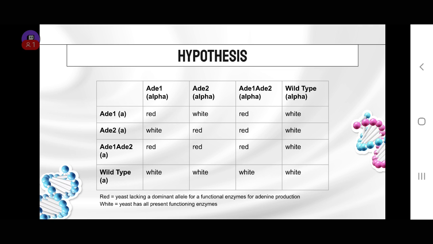If it's recessive, that would code for a non-functioning enzyme, and since both parents lack the allele for a dominant, which would code for a functioning enzyme, that would result in colonies that are red and unable to produce adenine.